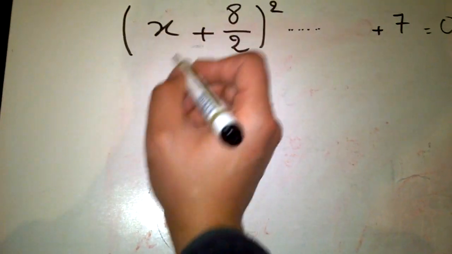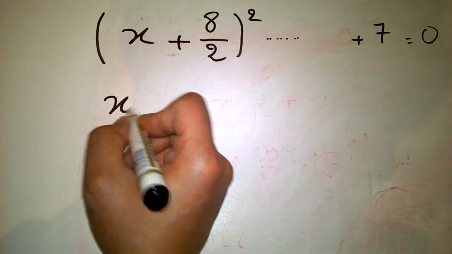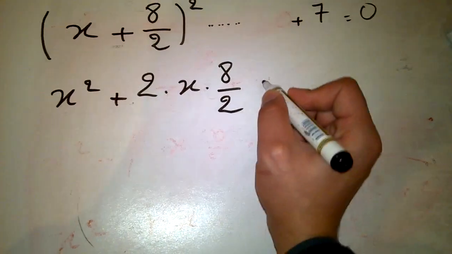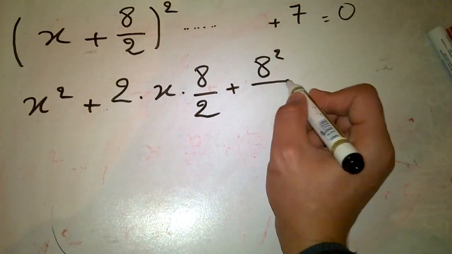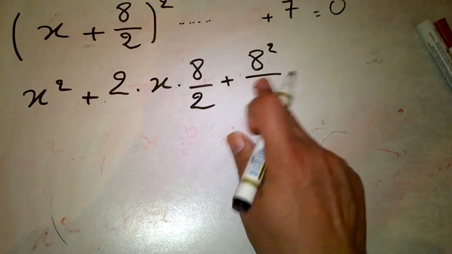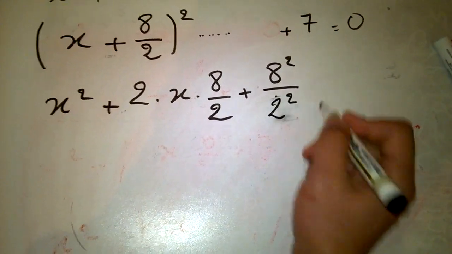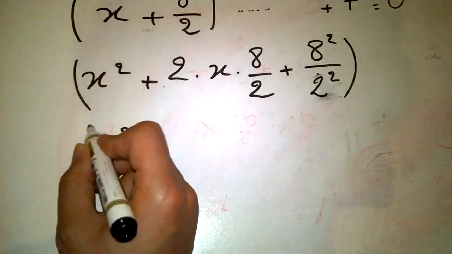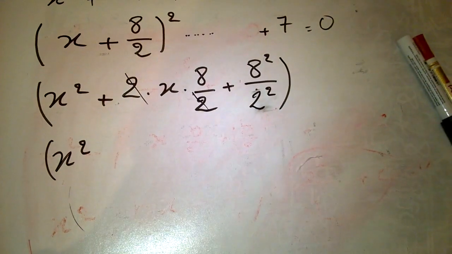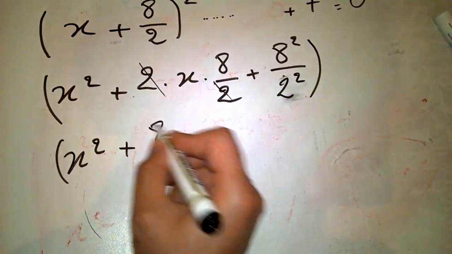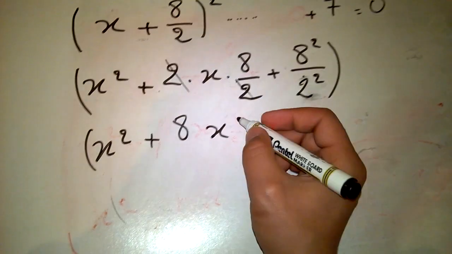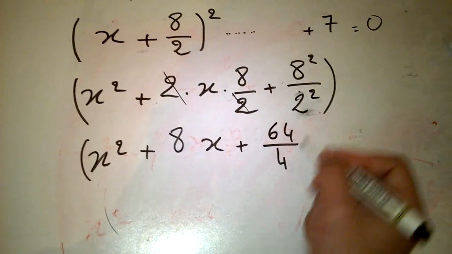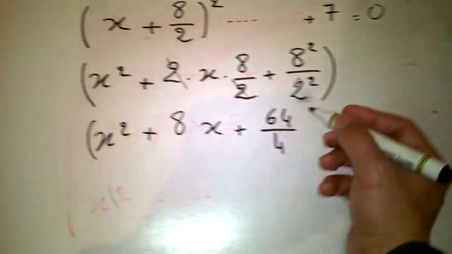If we open the bracket, we get x squared plus 2 times x times 8 over 2, plus 8 squared over 2 squared, which is x squared, this 2 can be cancelled with this 2, plus 8x, plus 64 divided by 4. 8 squared is 64 and 2 squared is 4.